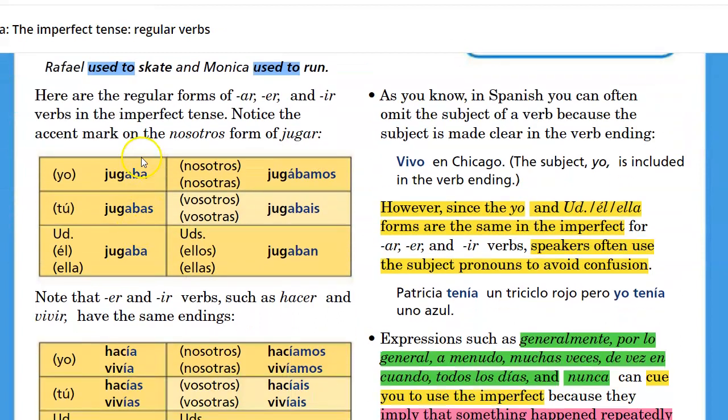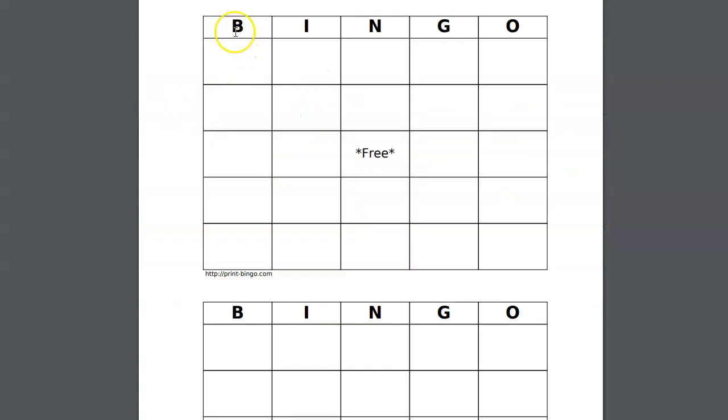Regular AR verbs. So you're going to conjugate. We're going to pick 5 AR verbs. If you're not with us, you can pick any 5 AR verbs. Jugar, bailar, escuchar, cantar, hablar, any 5. And then conjugate them in the yo form, tú form, él, ella, usted form, nosotros form, and ellos, ellas, ustedes form.